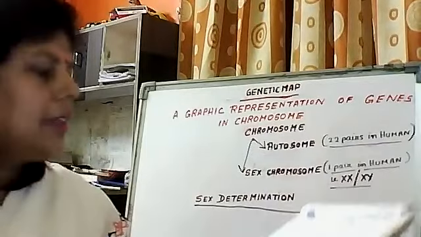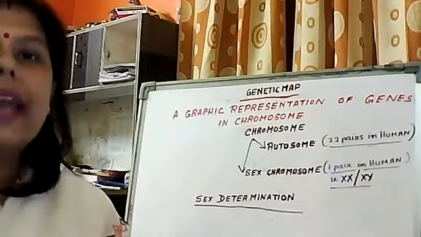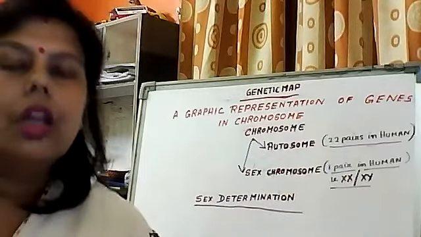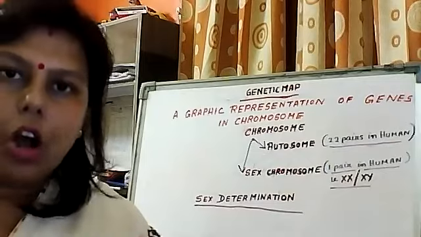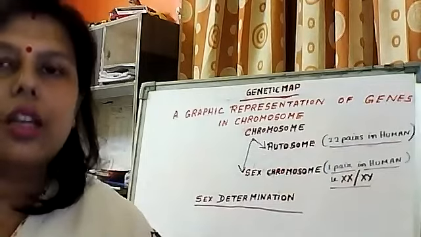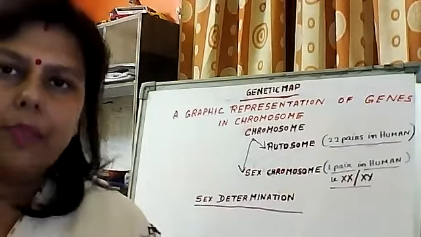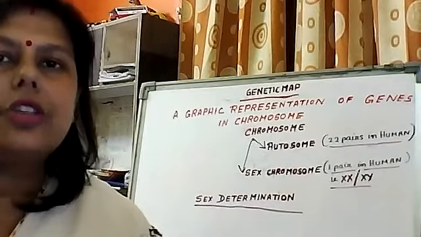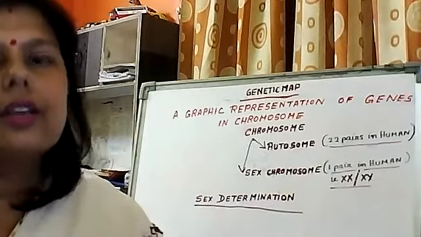Now, besides this, the next topic in your book is about mutation. Children, I have already explained what mutation is, so in short, I'm just going to explain. Mutation means sudden change in the genetic setup.